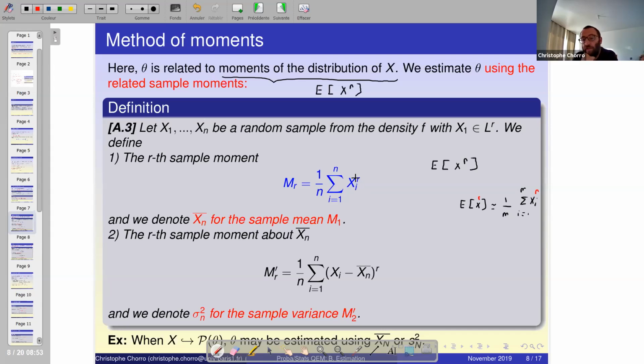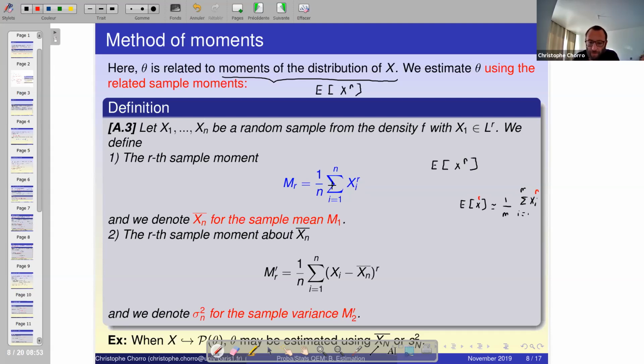So it's exactly analogous to what we have done in the case of the expectation, that I can generalize very easily to the case of more general moments of the distribution. So if I want to approximate the expectation of x square, I do the average of the square of the observations. If I want to approximate the expectation of x to the power 3, I have to do the average of the observations to the power 3 and so on. And what I have defined as the sample mean here is just the M1 with my notation here.